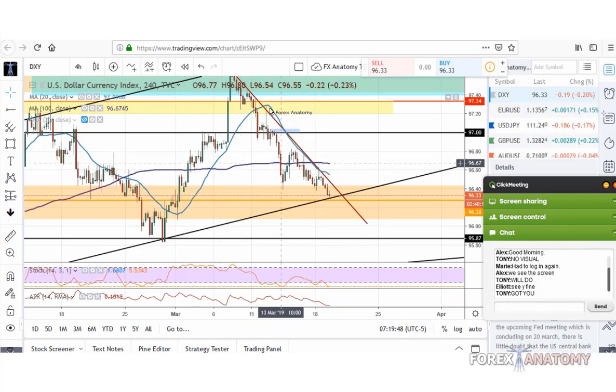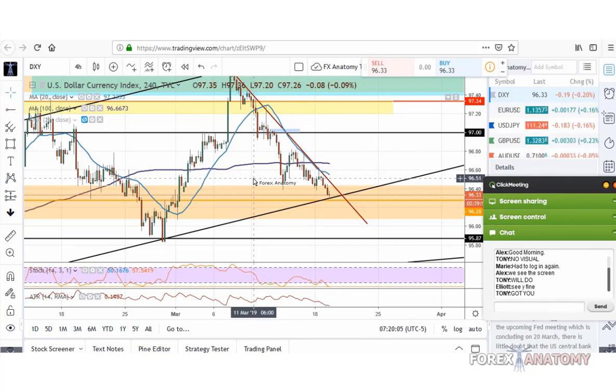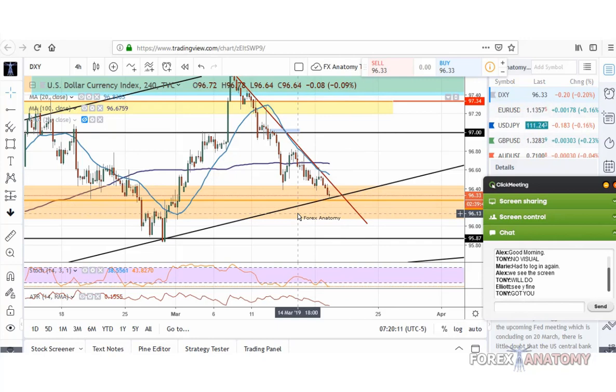So as long as price is still sliding lower and maintained below this descending trendline resistance, then we want to look for opportunities to buy the Euro USD on corrections until we see signs otherwise. However, we've got to be mindful of the fact that we're in this zone of support and confluence, so you never know what can happen. The best playbook to have is to really be cautious and just wait and see what happens.